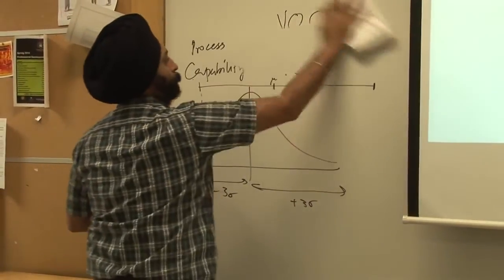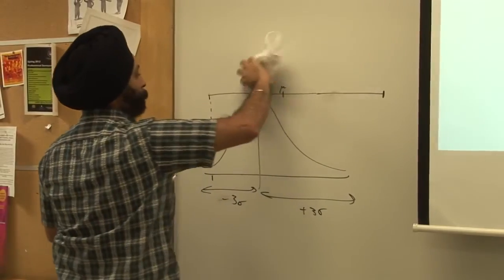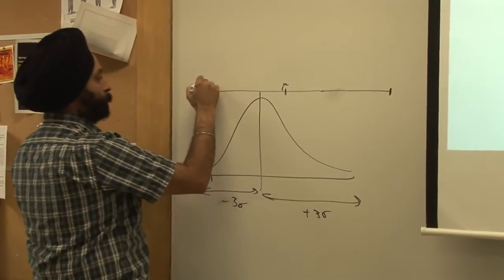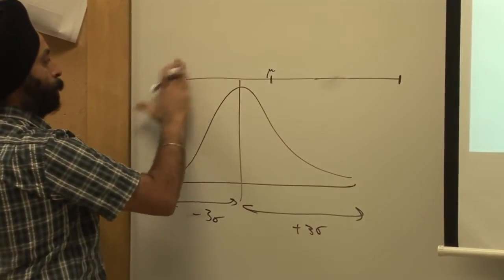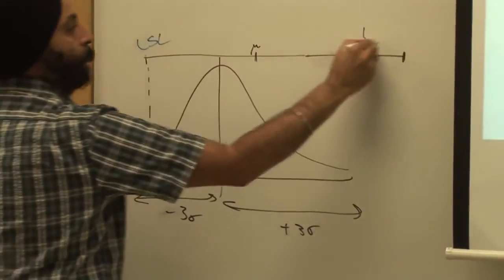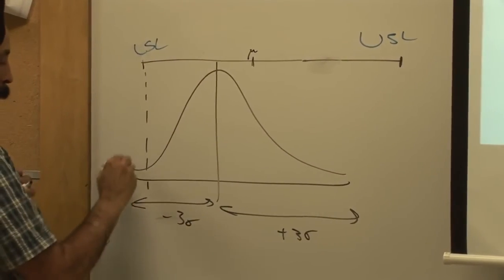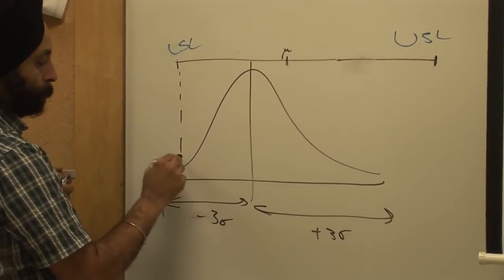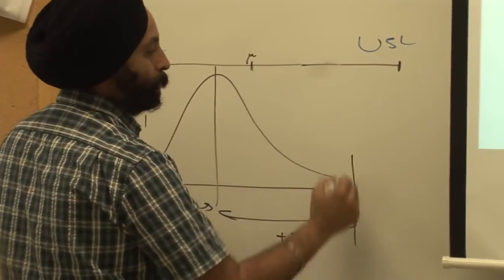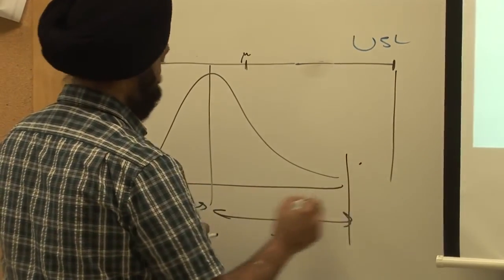let me just erase this part. And this is the lower specification limit, and this is the upper specification limit. So what we want to make sure is what is this portion versus this portion.